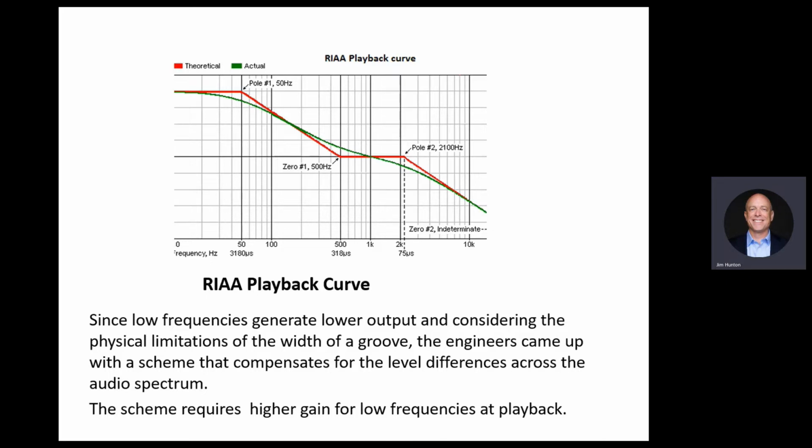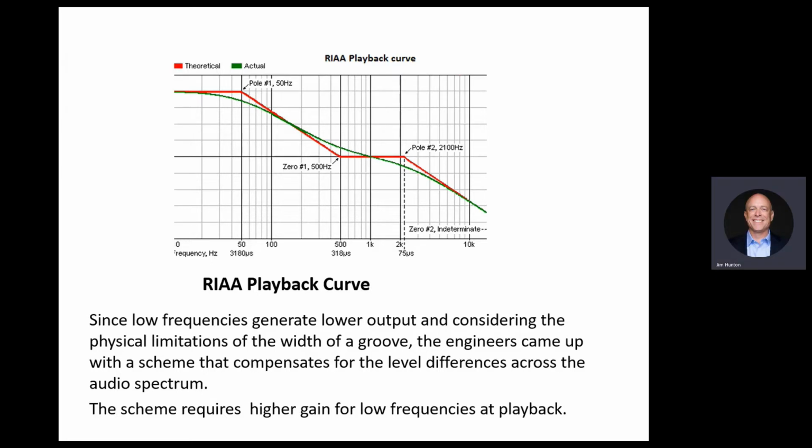The 50 hertz and below will be amplified by 20 dB, like 10x more. And for the very high frequencies, we know that they induce a lot of voltage, so we want a lot lower gain. We end up with 20 kilohertz being 20 dB down, or 10x down from the 1 kilohertz.